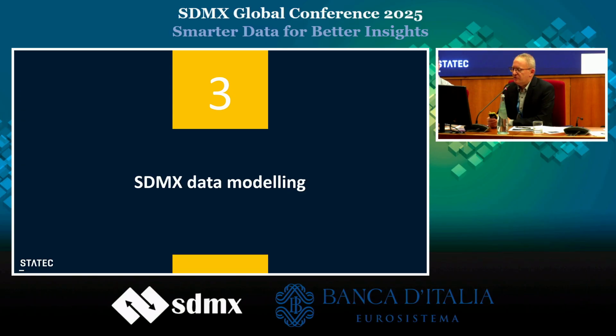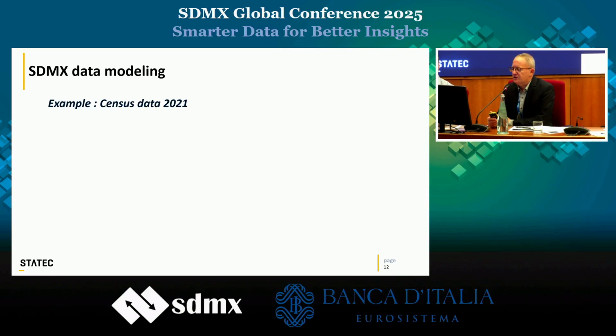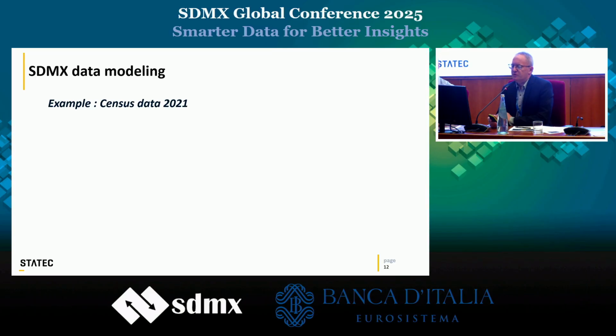So, the SDMX data modeling. I will show you another example. This example is about the census data. How did we proceed? First we received some input from the business, shaped on the EU census requirement.